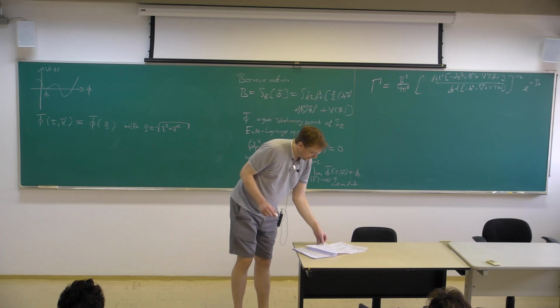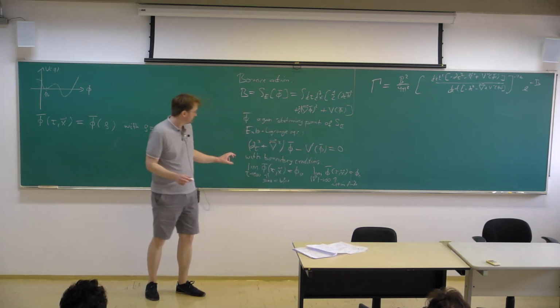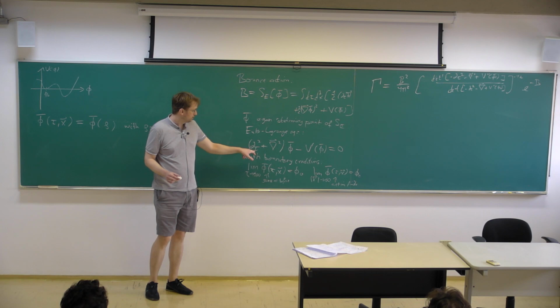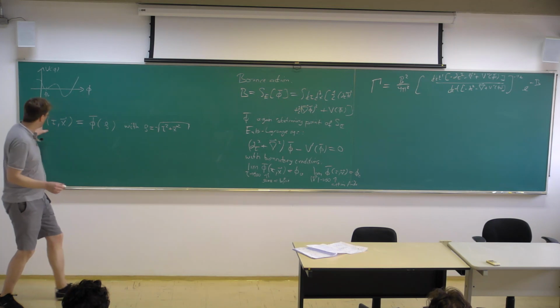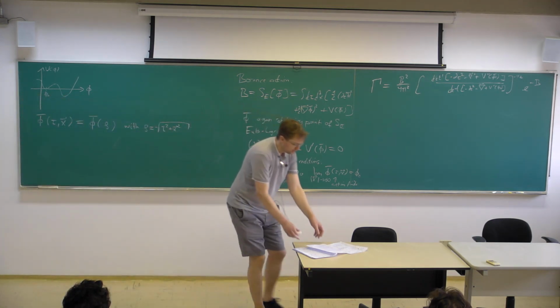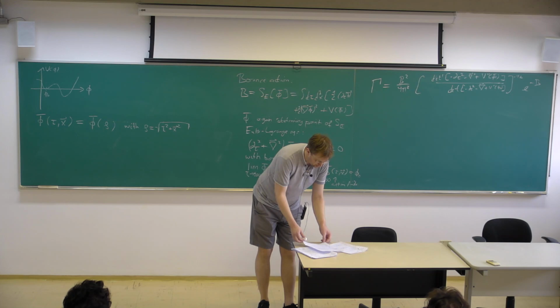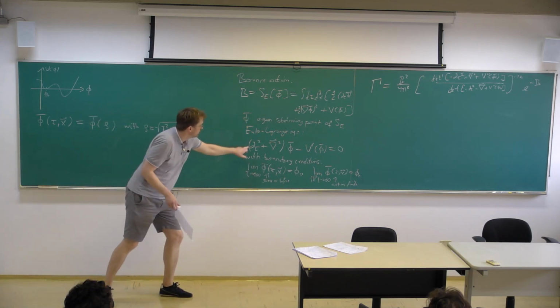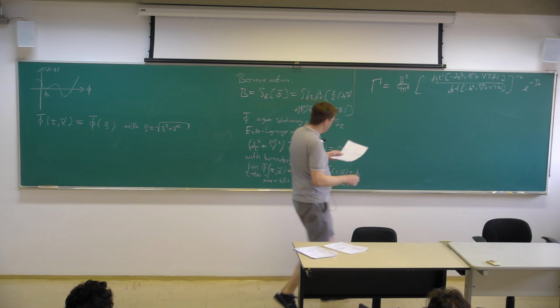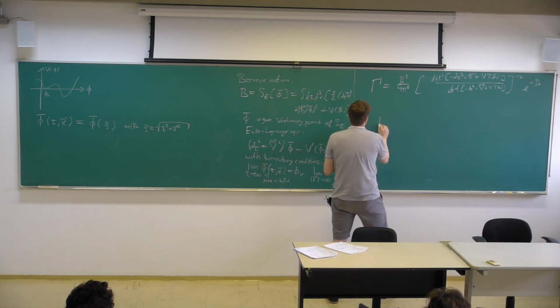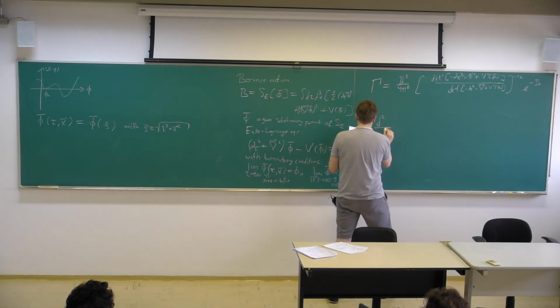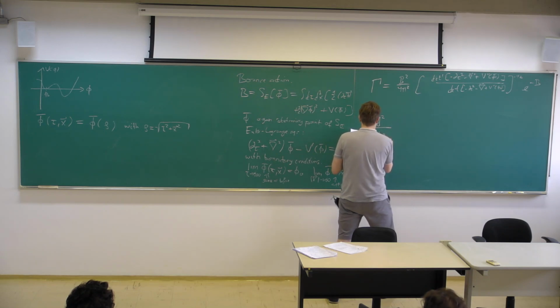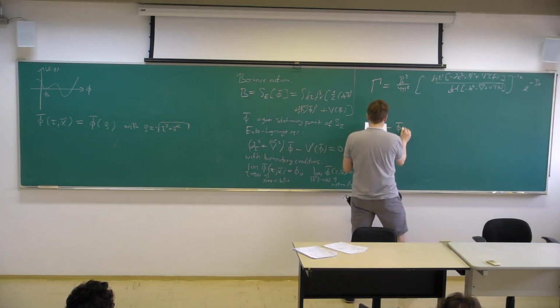That helps a lot, because this was a four-dimensional partial differential equation, and using this theorem we can boil it down to just one independent variable. Now if we plug this ansatz into this equation of motion, I write it here because I want to keep it for later, we get the following.